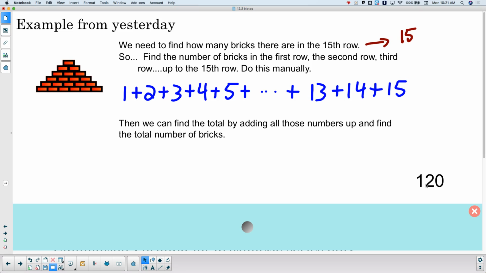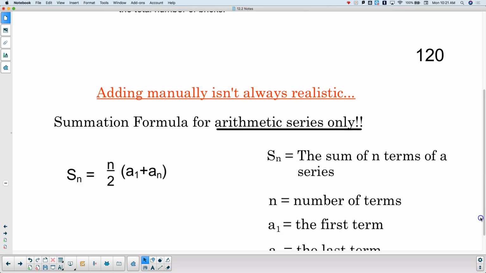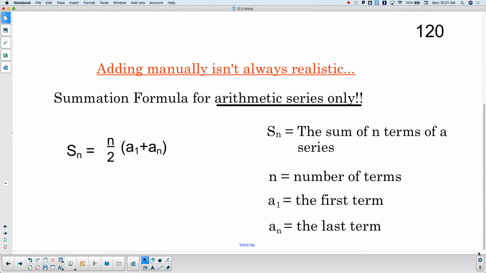So there's a formula that we can use for it. And this only works for arithmetic series. Okay? So the sum of the first n terms in a series is, I take the total number of terms and I divide it by 2.